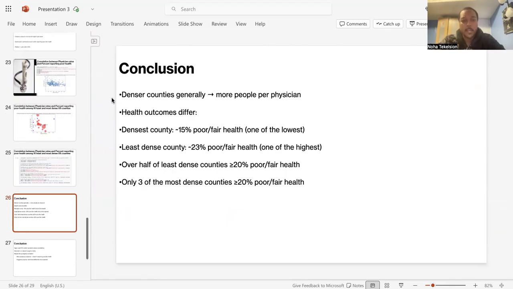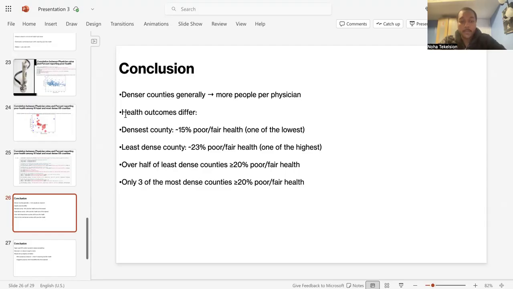What I see: denser counties generally have more people per physician. Almost pretty much no doubt about that. Health outcomes differ. In the densest county, 15% of people are ranking themselves as poor or fair health. From the least dense county, you have 23% of people ranking themselves as poor or fair health.